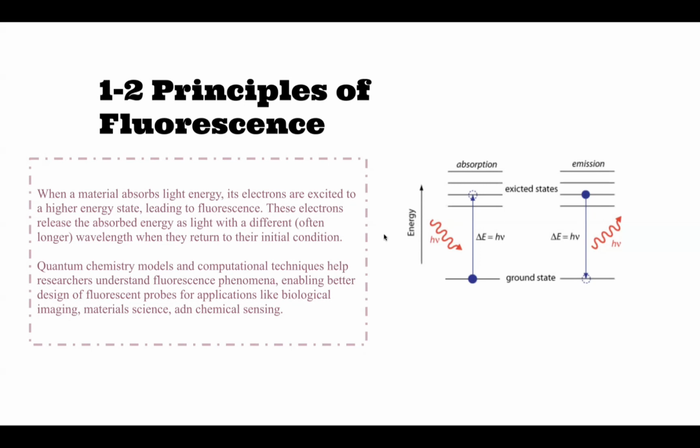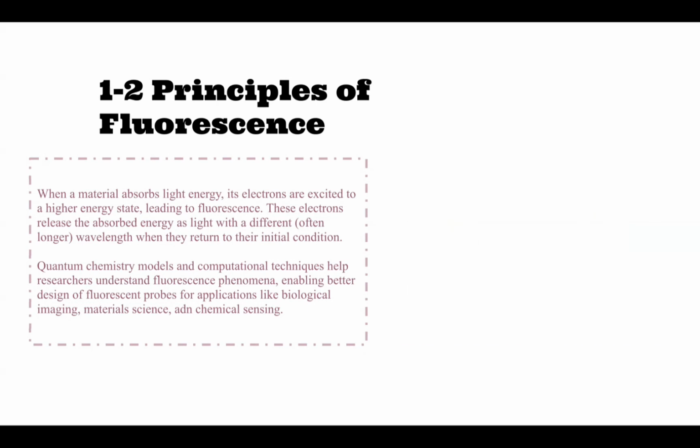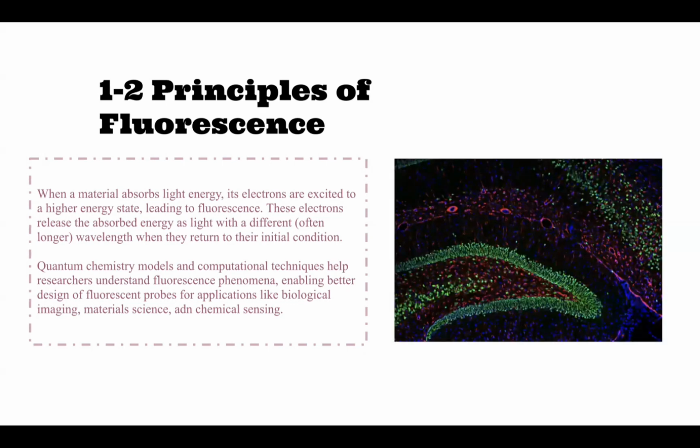Excess energy is released as photons of longer wavelengths, resulting in the characteristic fluorescent glow we've all witnessed. This shift in wavelength, known as Stokes shift, distinguishes emitted light, persisting briefly even after the initial excitation. The applications of fluorescence span diverse domains, from microscopic labeling to advancements in material science.